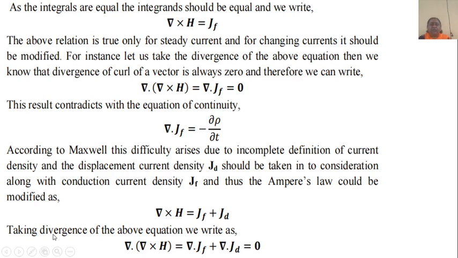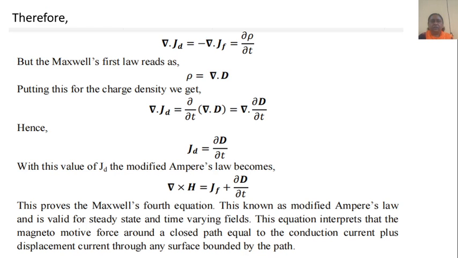Taking the divergence of the above equation, we write del dot del cross H equal to del dot JF plus del dot JD equal to 0. Therefore, del dot JD equal to minus del dot JF equal to delta rho by delta T.